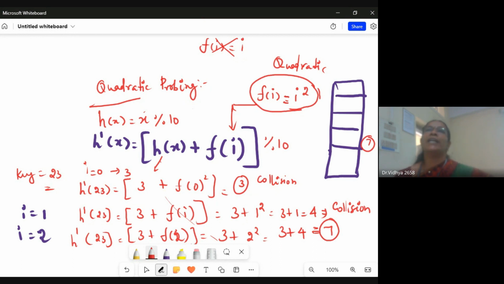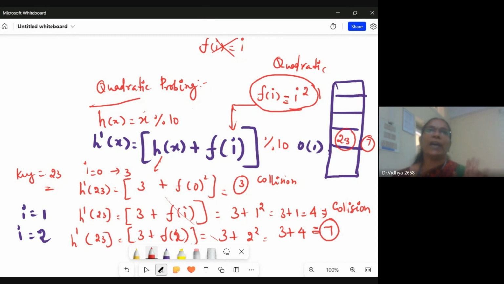We have studied what hashing is. In this method, we are able to obtain the time complexity of big O of 1, so this is a very efficient method compared to the previous methods. Here 23 is placed at index 7.